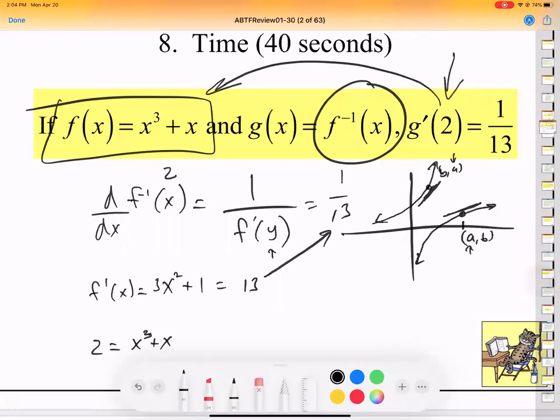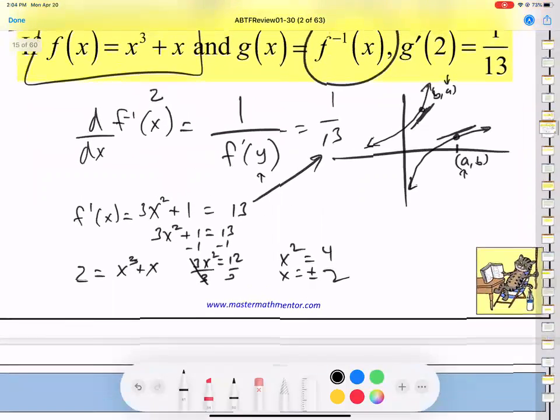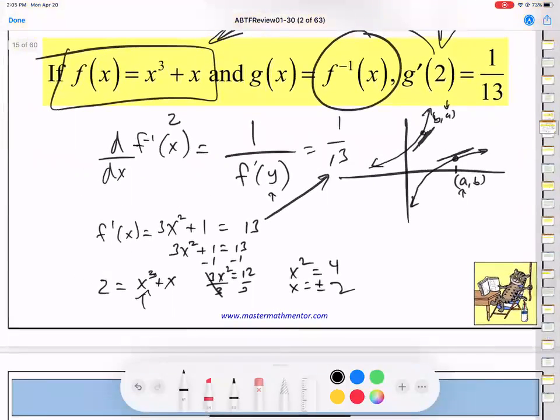Let's solve for 13. 3x squared plus 1 is equal to 13, minus 1 both sides. 3x squared equals 12. Divide by 3. x squared is equal to 4. x is equal to plus and minus 2. Is 2 an answer? Or is negative 2 an answer?